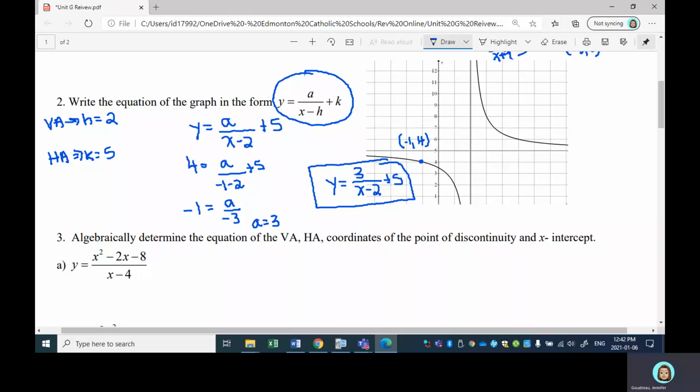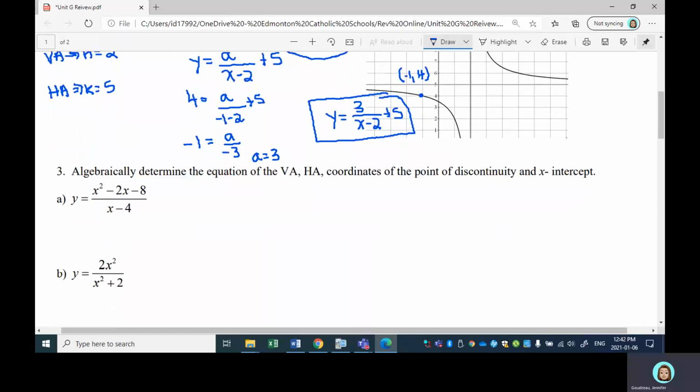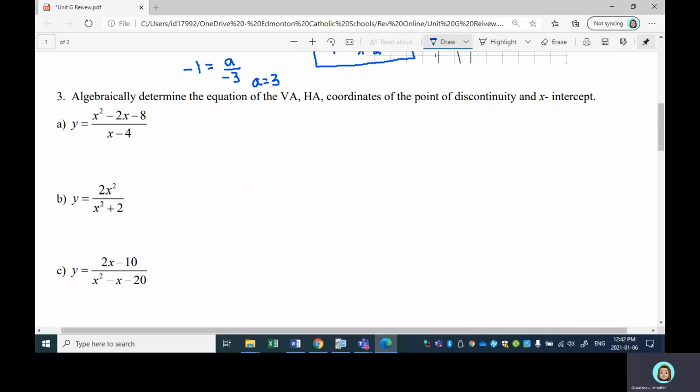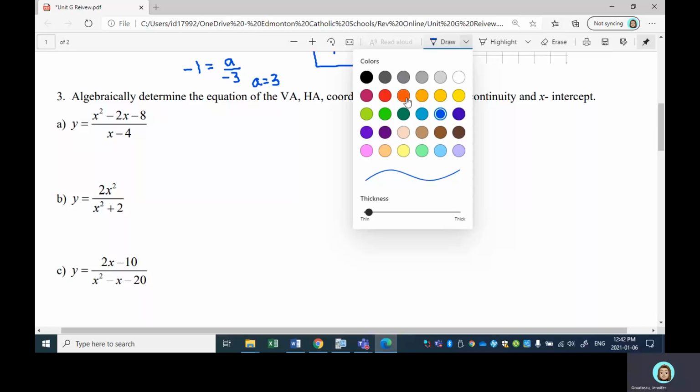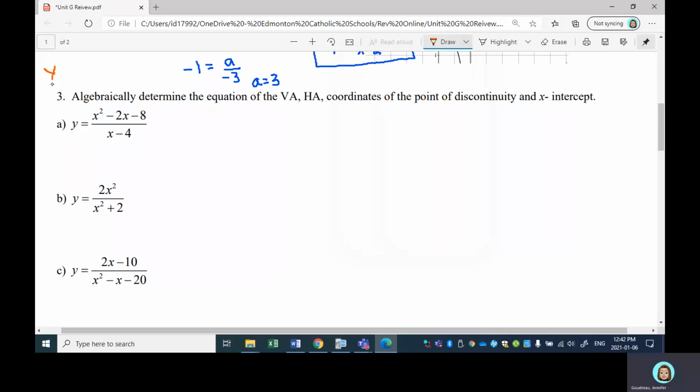The next question that we're going to do still deals with rational functions, but no longer in the transformation form. In question 3, we are looking at a rational function that is of the form of a polynomial over another polynomial, or what we would write as f of x over g of x.